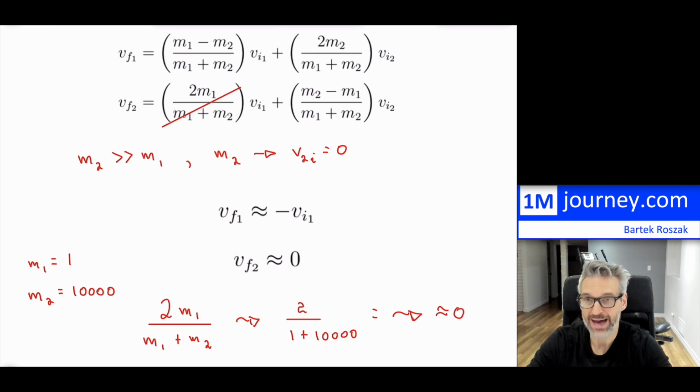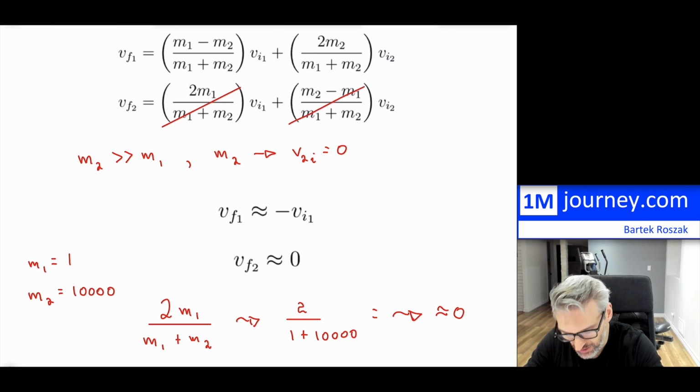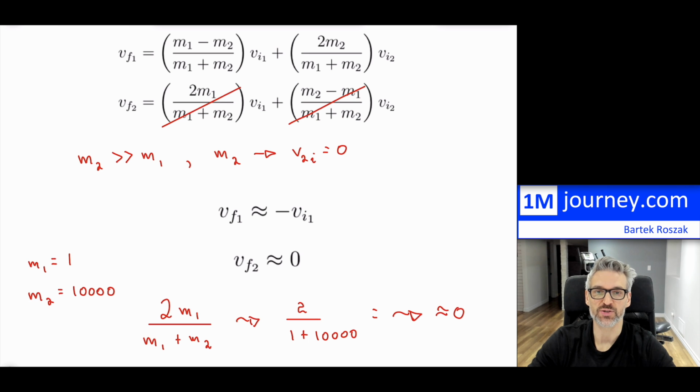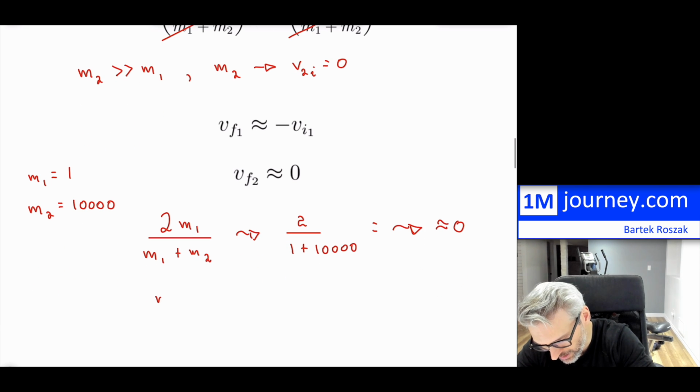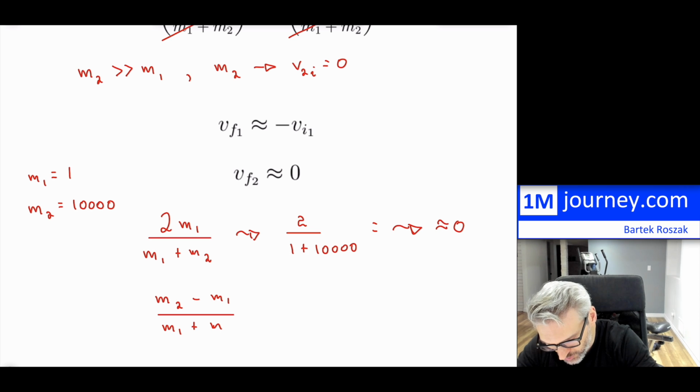And the same thing happens right here. This is going to fall off as well because you have M2 divided by, my apologies, I have to be careful when I say fall off and what I mean by that. So M2 minus M1 divided by M1 plus M2.